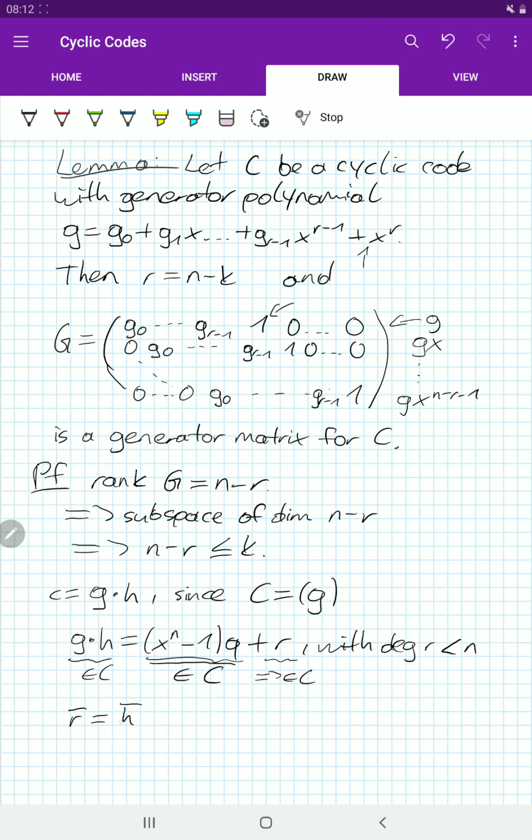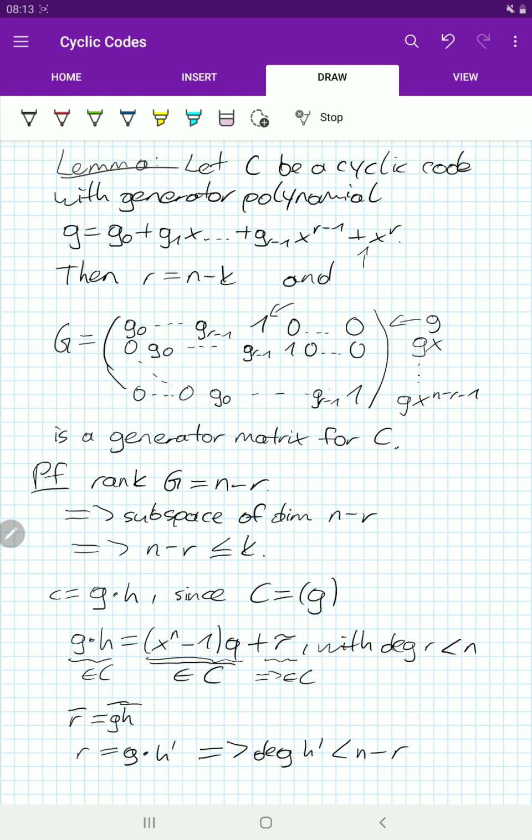R is in the same class as G times H. Alright, and now, as R is in the code, we can write it as G times some H prime, and because the degree of R is less than N, we see that the degree of H prime is less than N minus R. Oh no, this is bad.